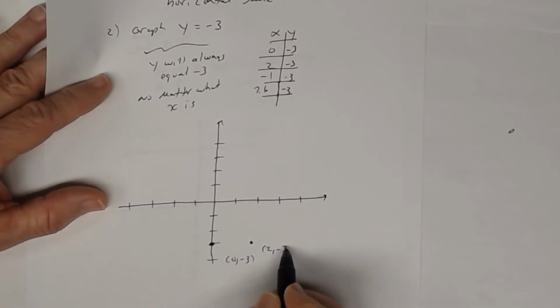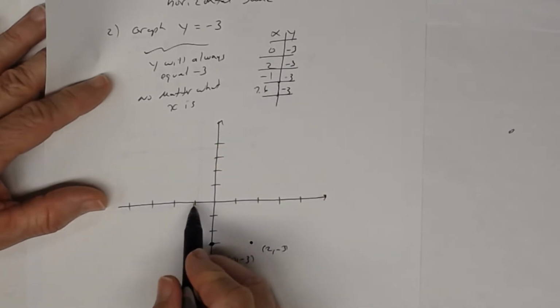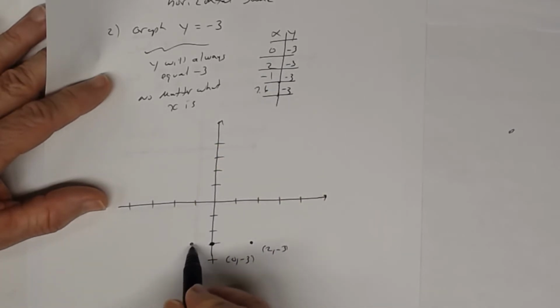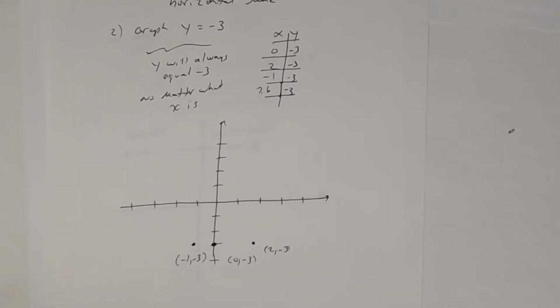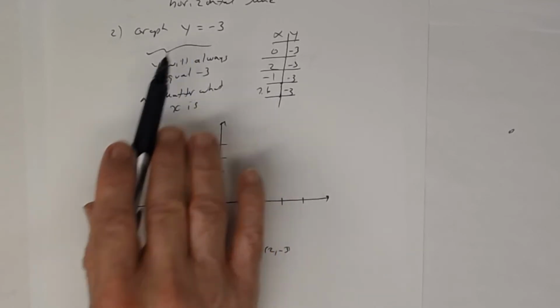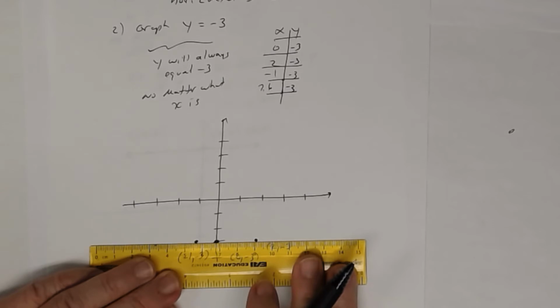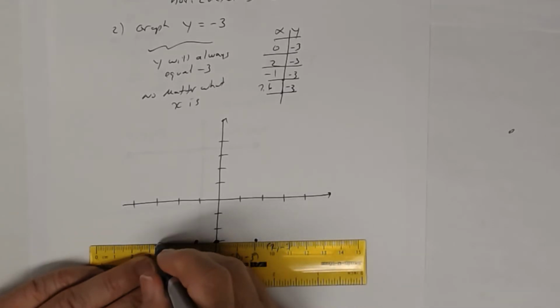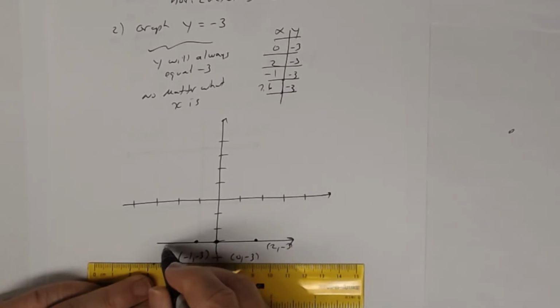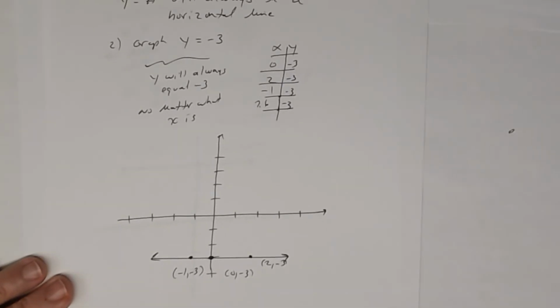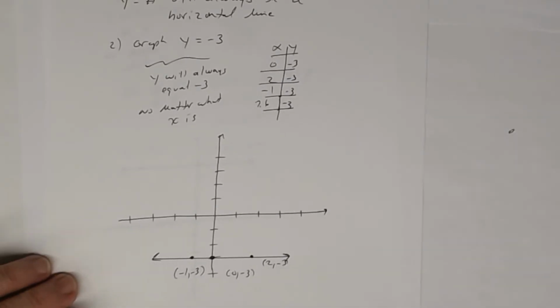And then negative 1, negative 3 is right here. Okay? And so now, remember, all you did was just find 3 solutions. You know that a linear equation has an infinite number of solutions. So then you're going to draw the line. And so that's the graph of y equals negative 3. Okay? All right, let's look at this one.